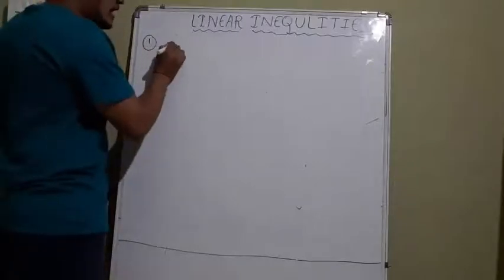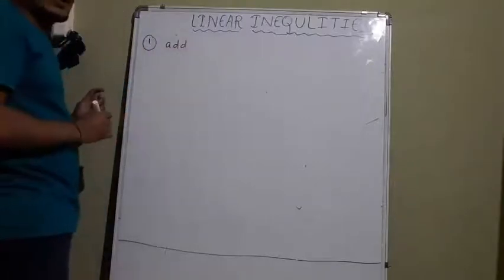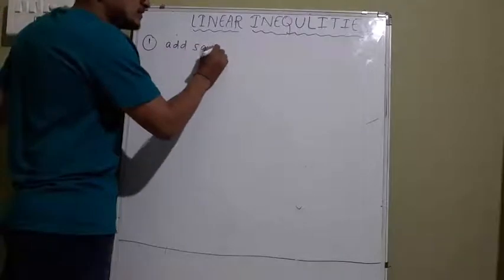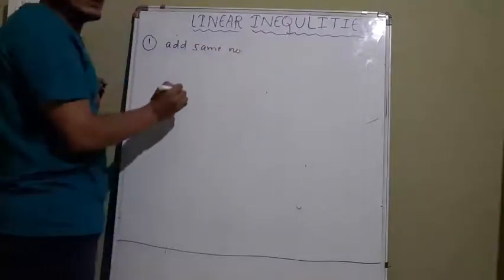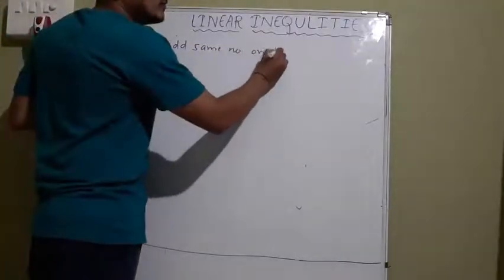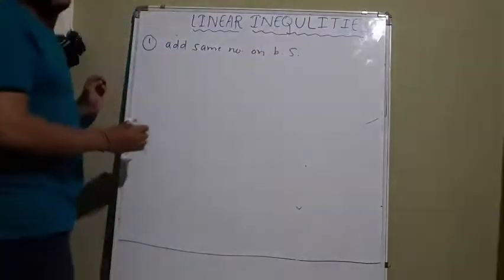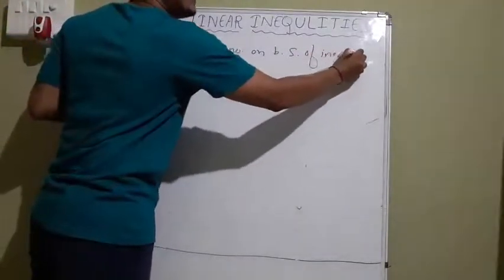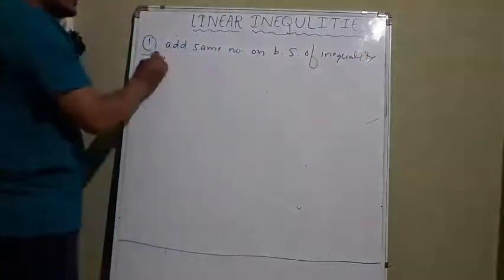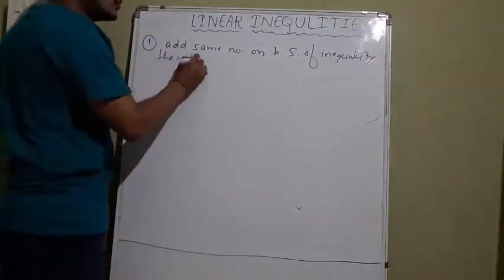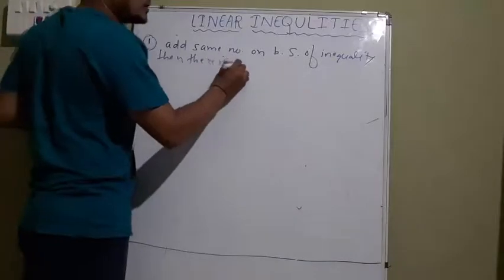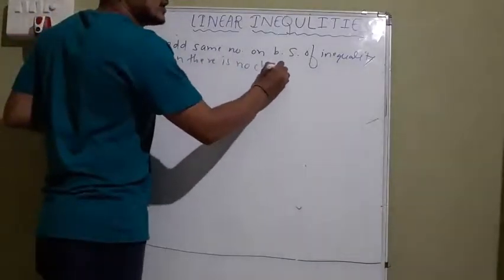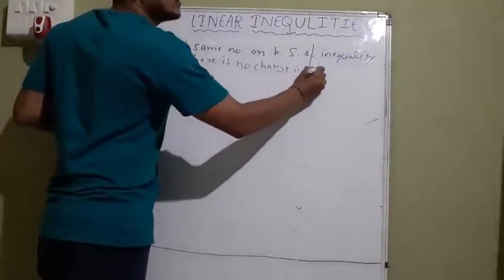When you add the same number on both sides of an inequality, then there is no change in the symbol.